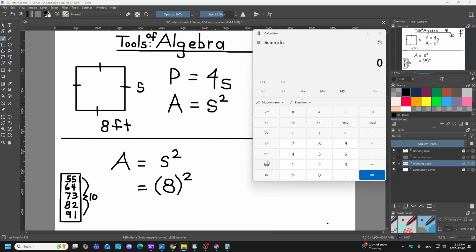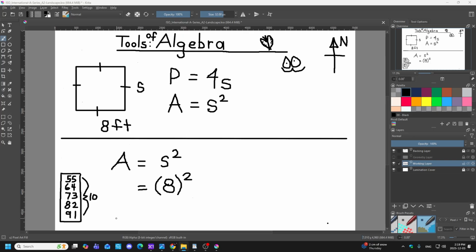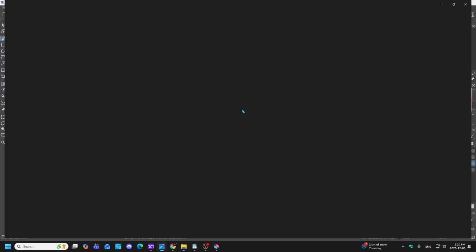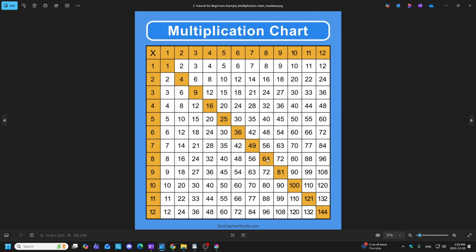Okay. We need this squared button, x squared. So we write 8 and then press that squared button. And we are done. Therefore, area equals 64. Naturally, if you had your multiplication or times table memorized, you would also know that 8 squared is 64.